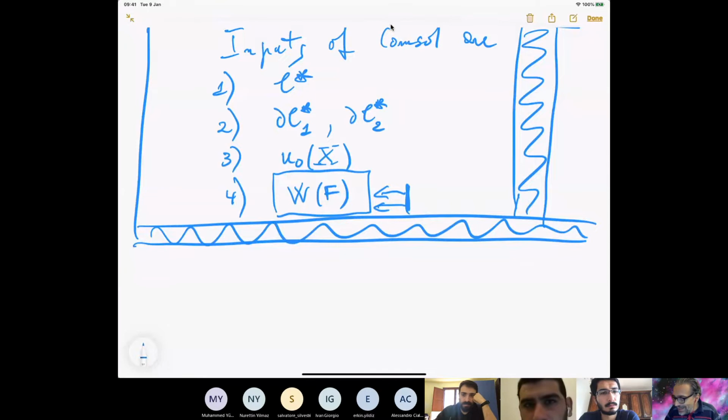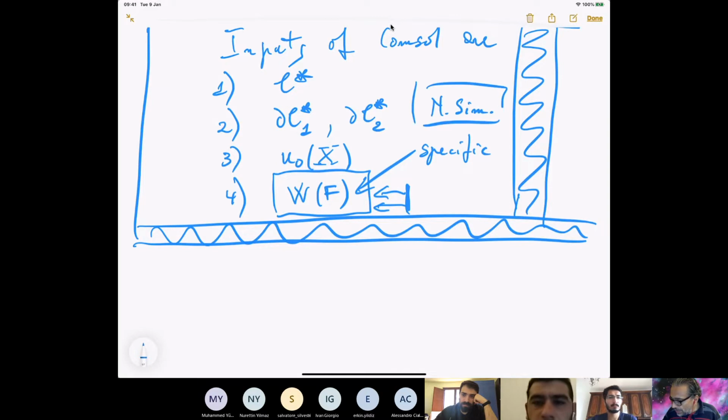Analytical, numerical simulations work only giving one specific energy. Numerical simulations work with specific energy, not only with specific parameters.